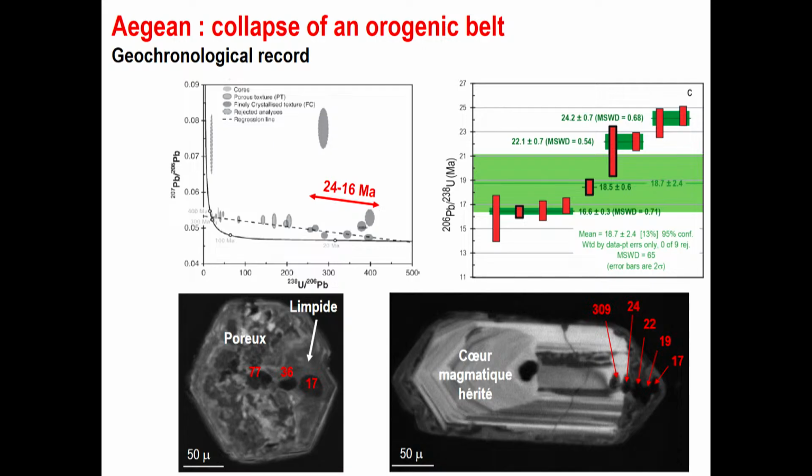Other than that, we have pre-existing zircons with nice zoning, but when you date this, 300 million years, Variscan. But you see that here, this nice zoning is cross-cut by another zone.